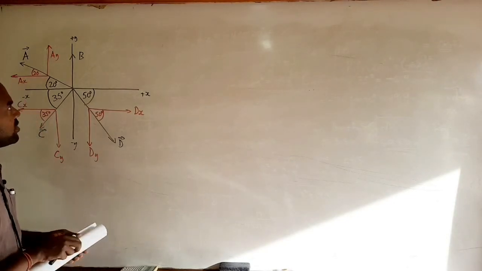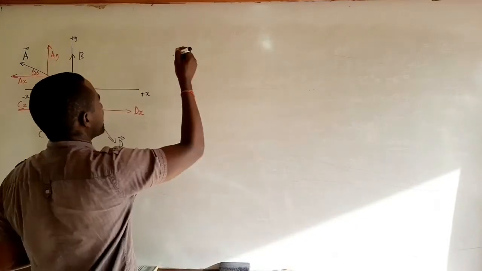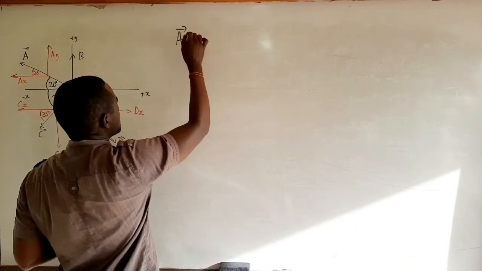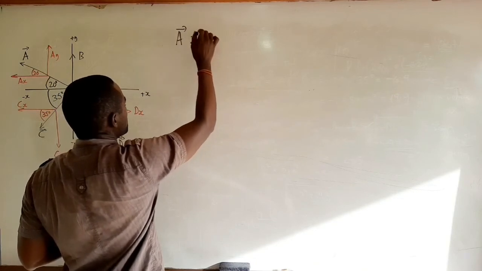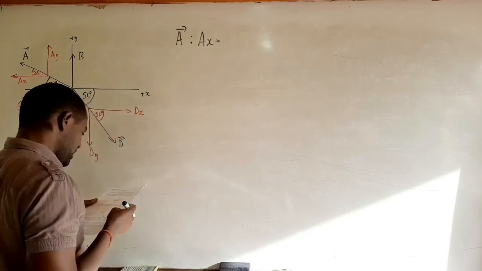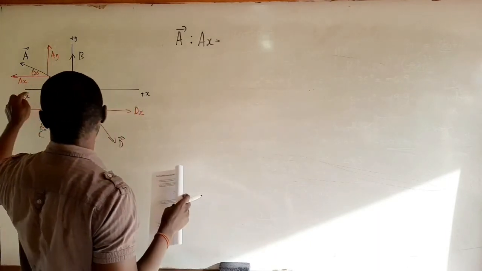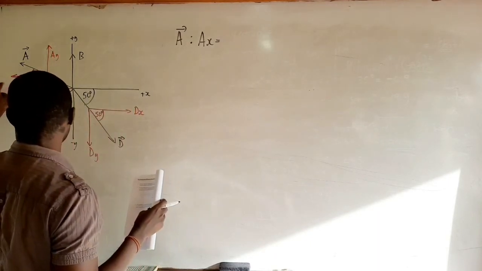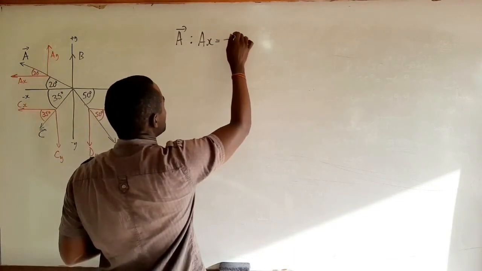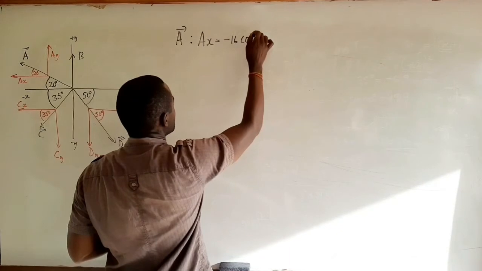So let's start with A. So for vector A, AX: the magnitude of A is 16, and because AX runs in the negative x direction, it will carry a negative sign. So this is equal to minus 16 cos 20 degrees.